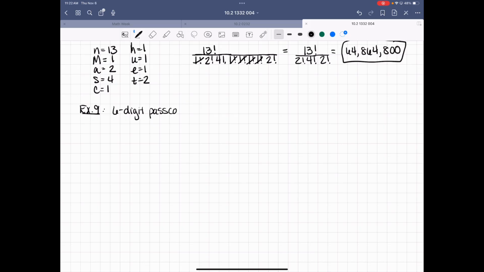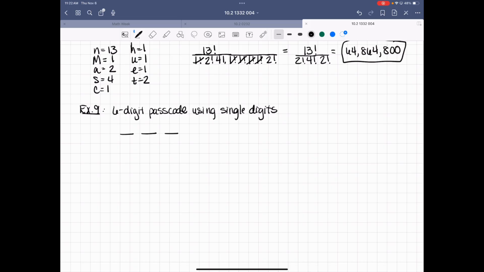It says something like, how many possibilities are there for a 6-digit passcode? Okay. Well, here's the deal. You've got to know how many, it'll say something like using single digits. It may not even say using single digits.